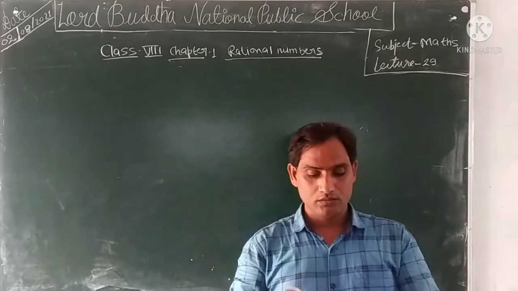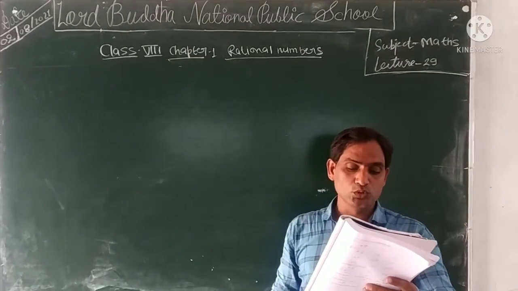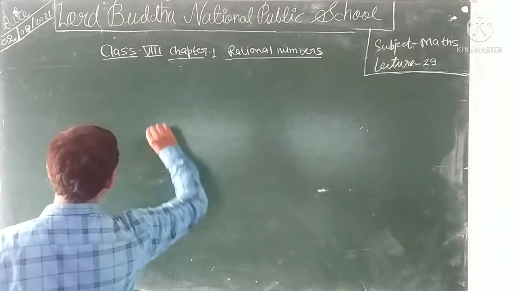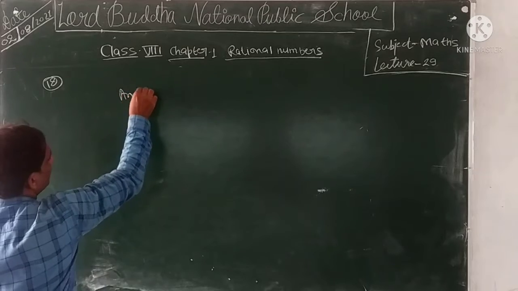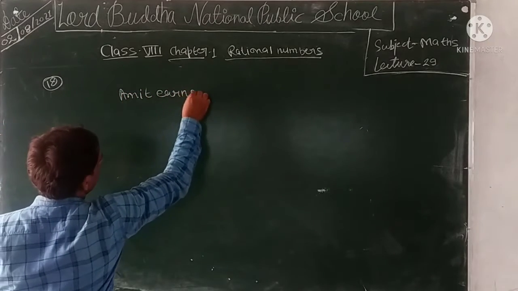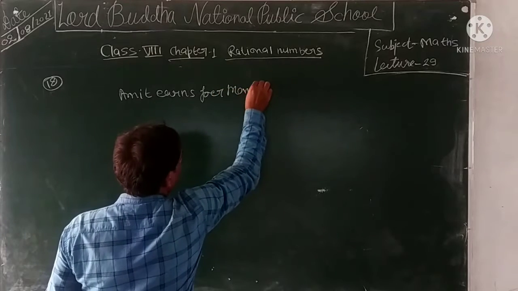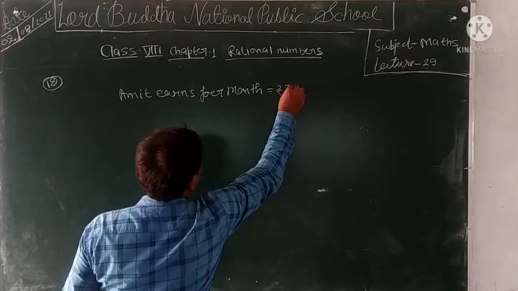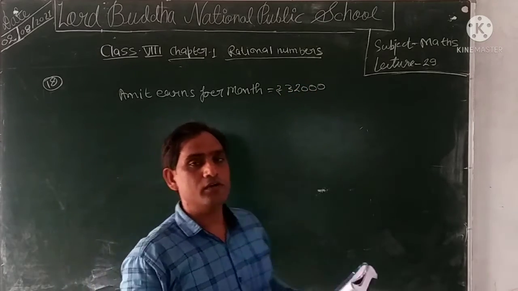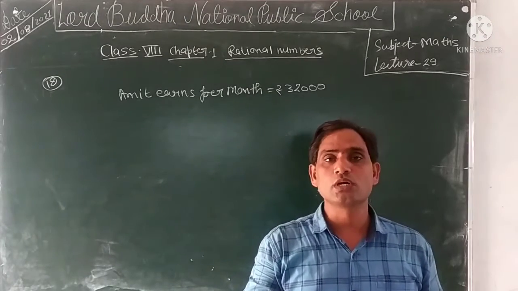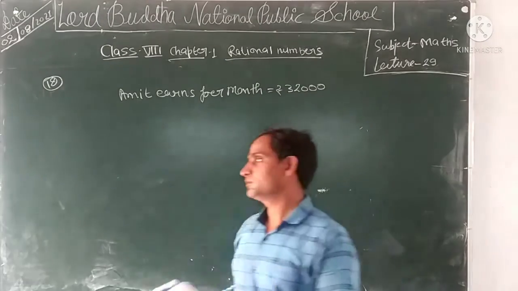Question number 18. Amit earns rupees 32,000 per month. Amit earns rupees 32,000 per month. He spends 1/4 of his income on food.